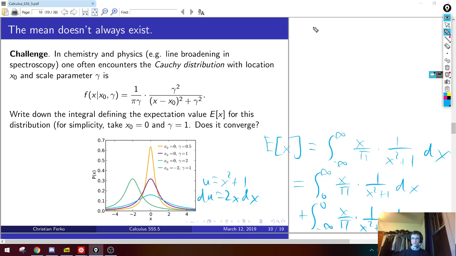The integral is going to become the integral from 1 to infinity, because when x equals 0, u is 0 squared plus 1, which is 1. It is going to be the integral from 1 to infinity of... wait, no, pardon me.